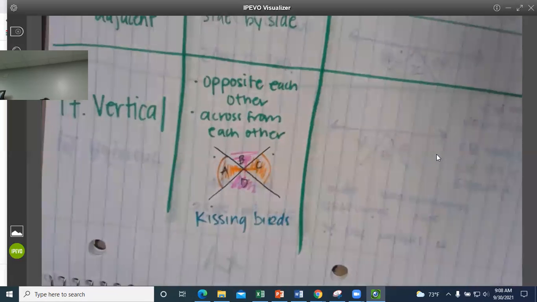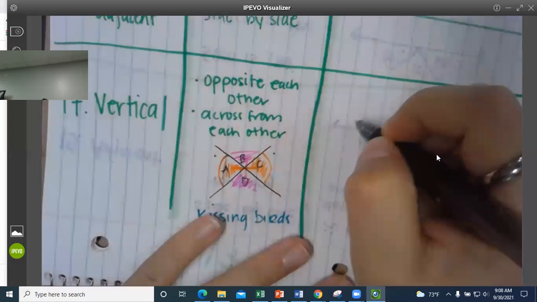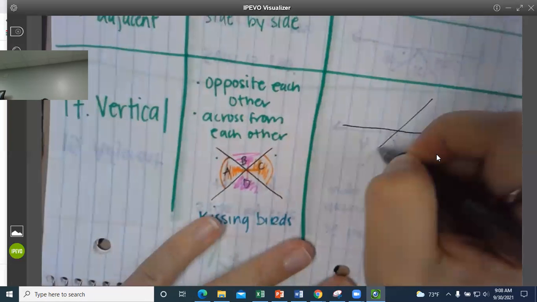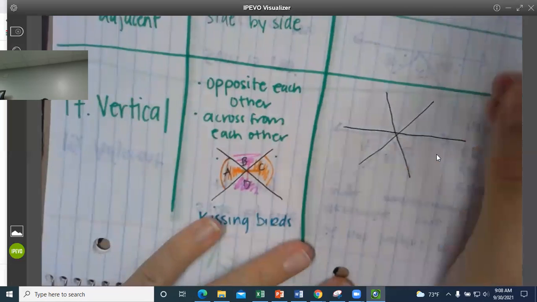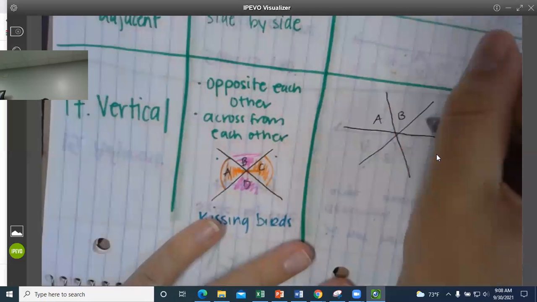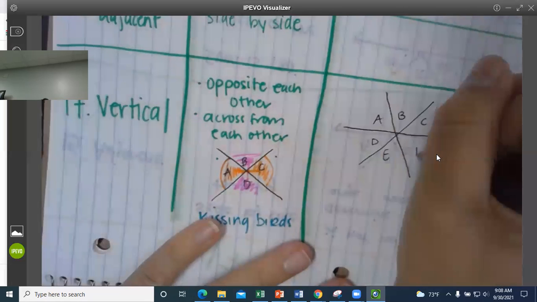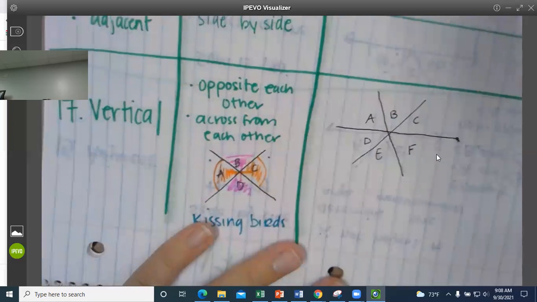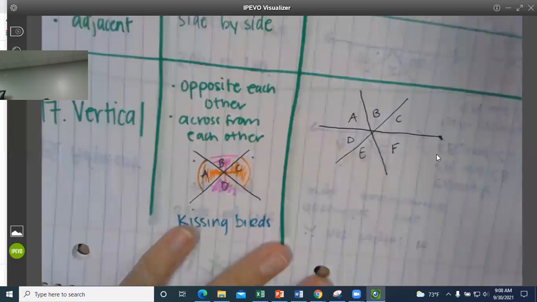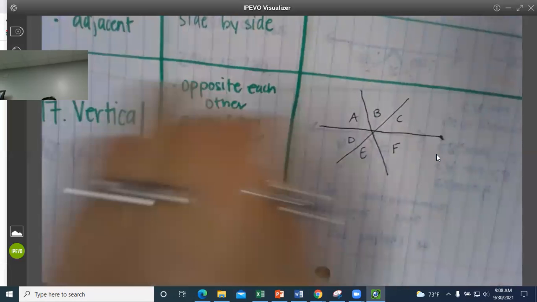All right, I'm gonna do another example right here with more angles. You'll see something like this on your warm-up. All right, I'm gonna mark one of them.